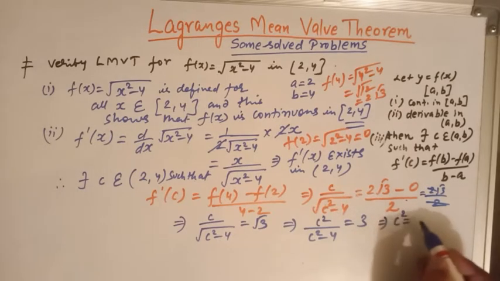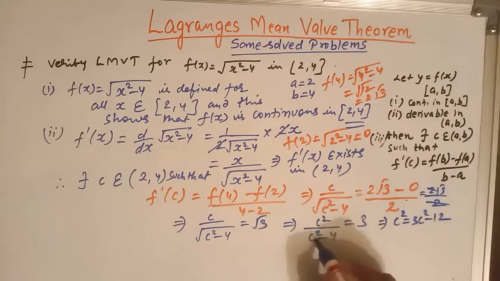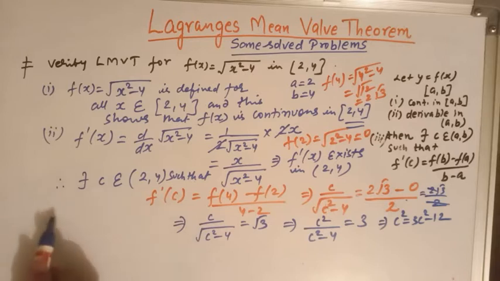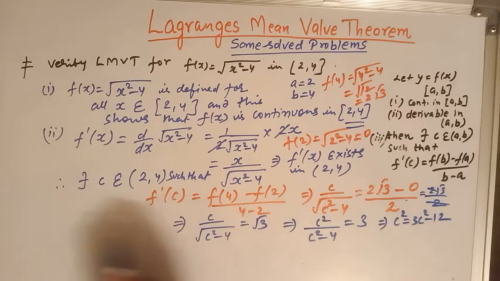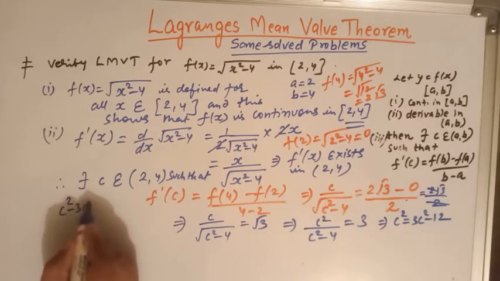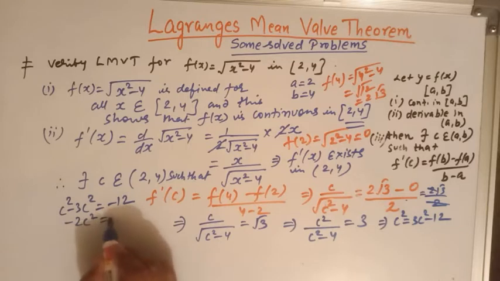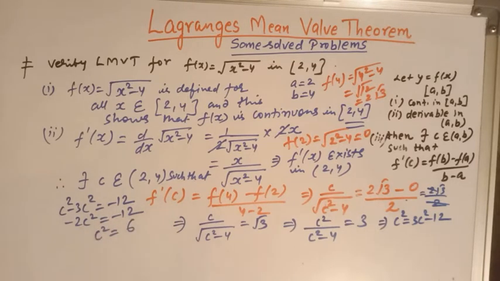This is c square, this is 3 times c square minus 12, 3 4s are 12. So I am doing it here now. We have c square minus 3c square equal to minus 12, minus 2c square is equal to minus 12, so c square is equal to 6.